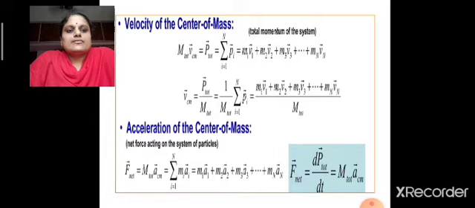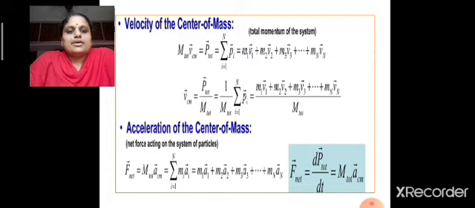So we have seen that the velocity of the center of mass V_CM is equivalent to m1v1 plus m2v2 plus m3v3 plus etc. up to mnvn divided by capital M. And the acceleration of the center of mass is given by A_CM is equivalent to m1a1 plus m2a2 plus m3a3 plus etc. plus mnan divided by M. Cross multiplying, we get M into A_CM is equivalent to m1a1 plus m2a2 plus m3a3 plus etc. up to mnan.